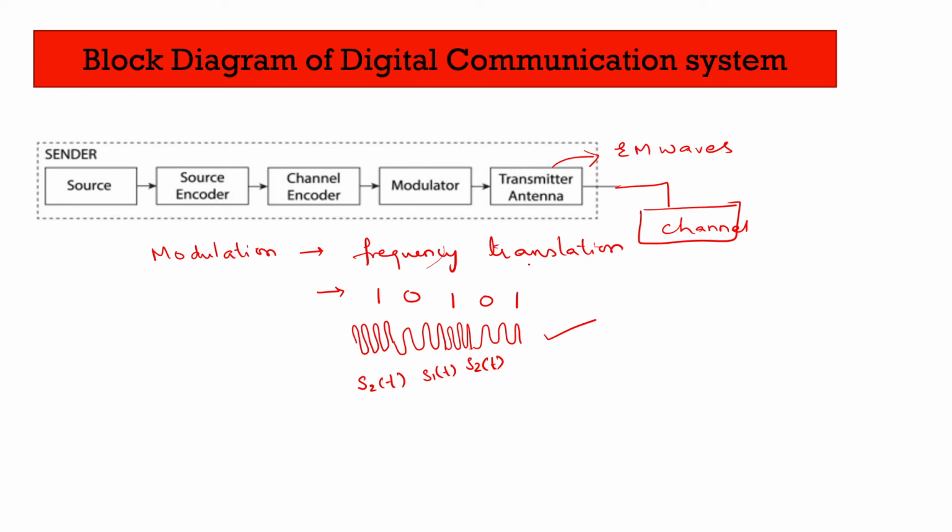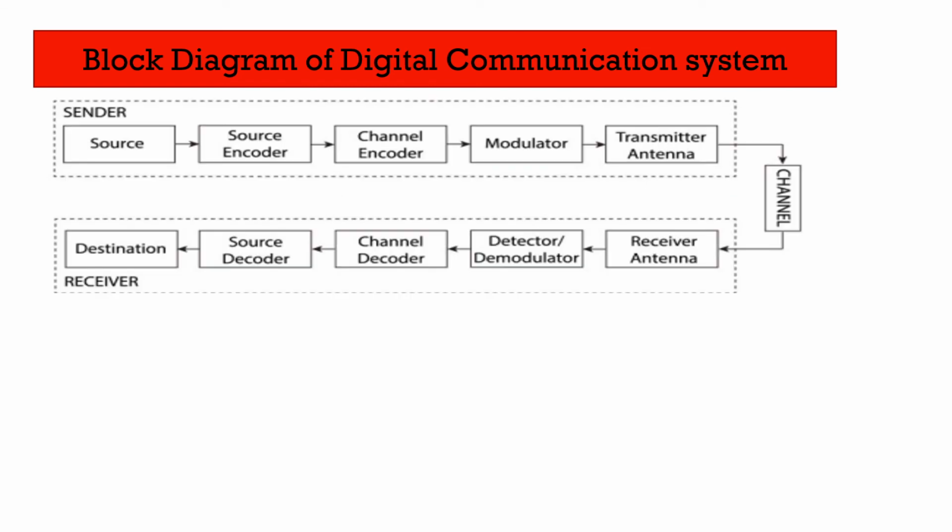This channel may be wireless, or using wire lines, or using fiber optic cables. So the various blocks at the transmitter side are, first we have the information source, then source encoder, channel encoder, and then the modulator, antenna, and the signal is transmitted through the channel.